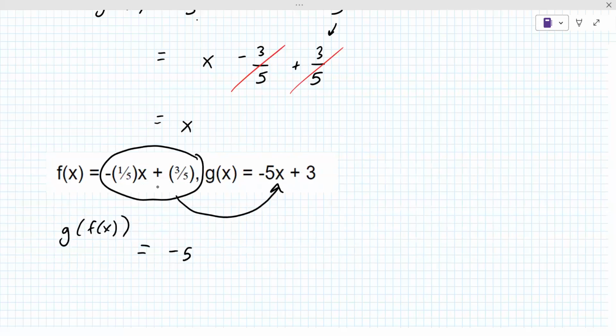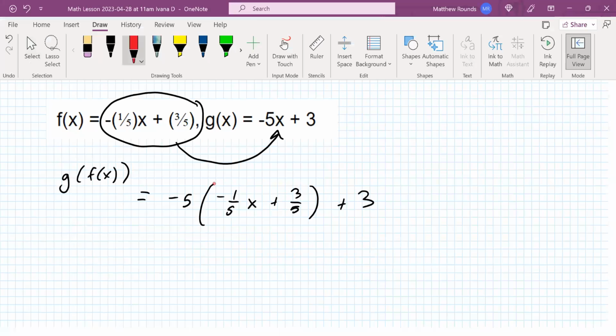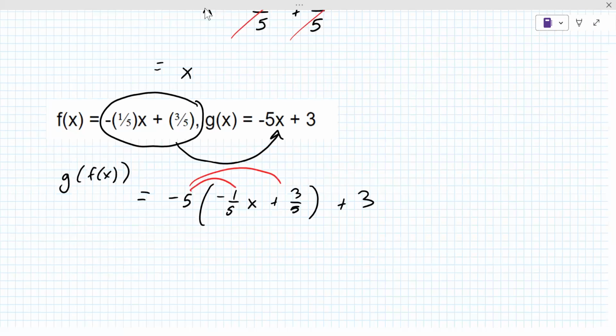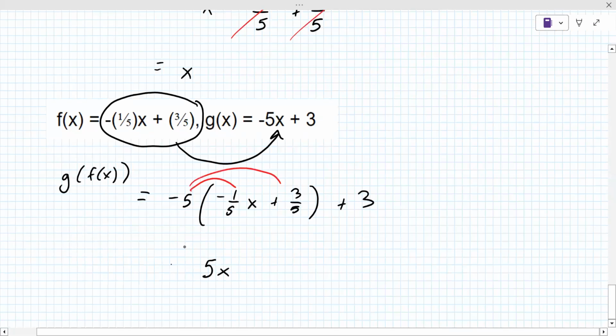Negative 5 times negative 1/5 x plus 3/5 plus 3 like that. And then just like the previous problem, we're going to distribute in. So this becomes 5x minus 3. I'm sorry, not 5x. They cancel.